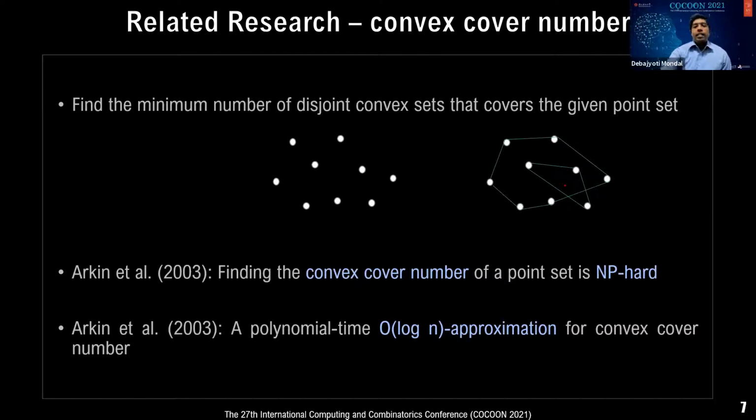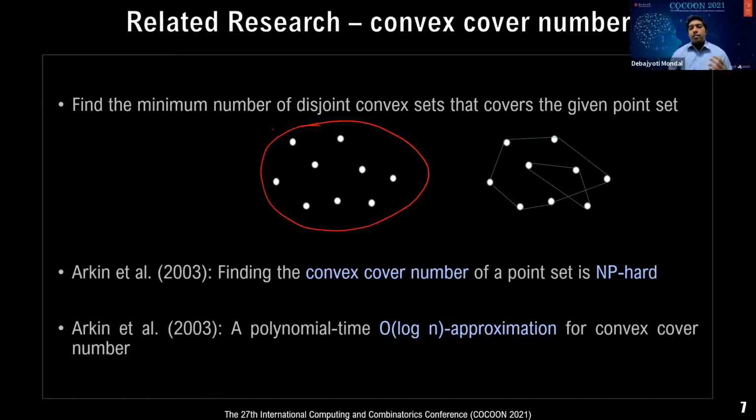You can see that we cannot cover the input point set with fewer than two convex sets. So this is the minimum possible. In this case, the convex cover number is 2. Arkin et al. showed that computing the convex cover number of a point set is NP-hard. They also gave a polynomial time log n approximation for finding the convex cover number.